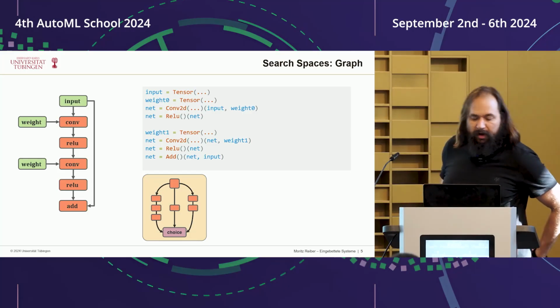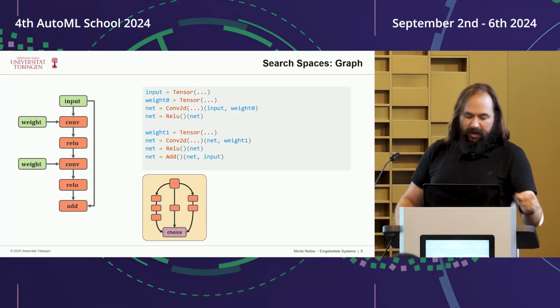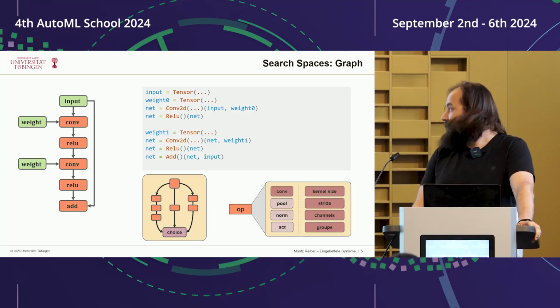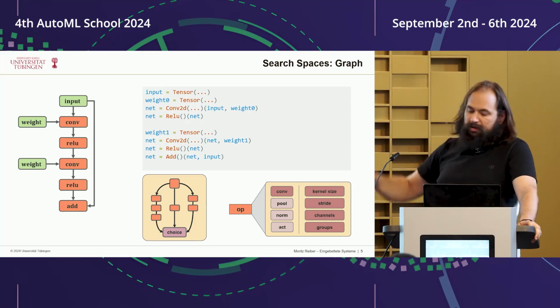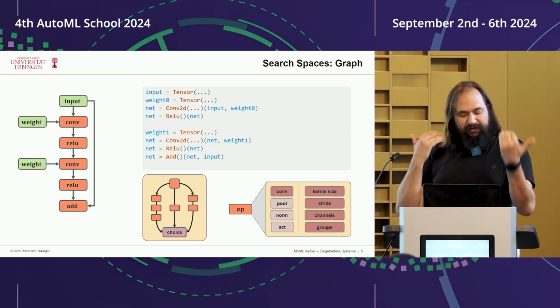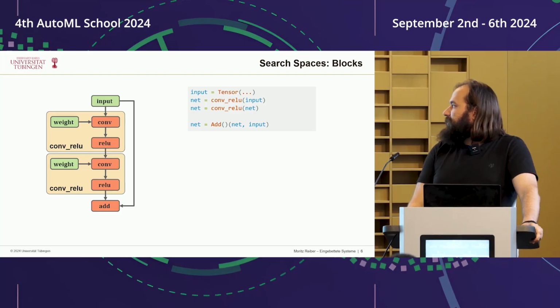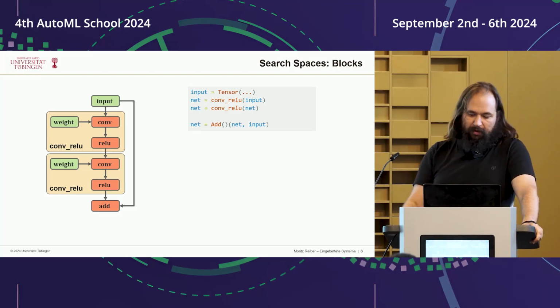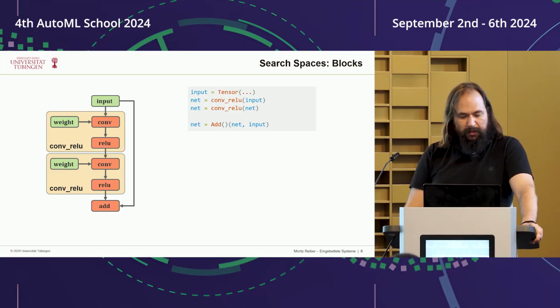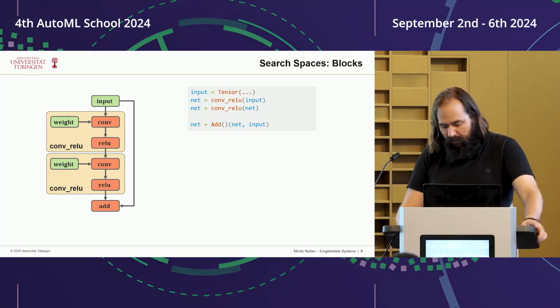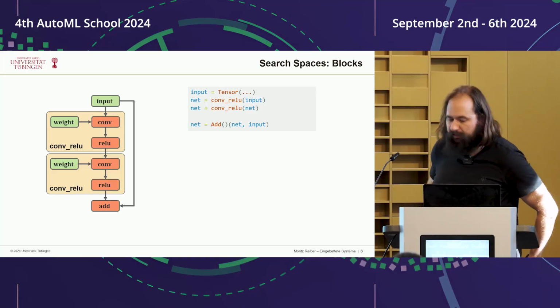To describe architectural choices, we can add a choice operator to the neural architecture graphs, which represent different choices to take in the path of the neural network architecture.